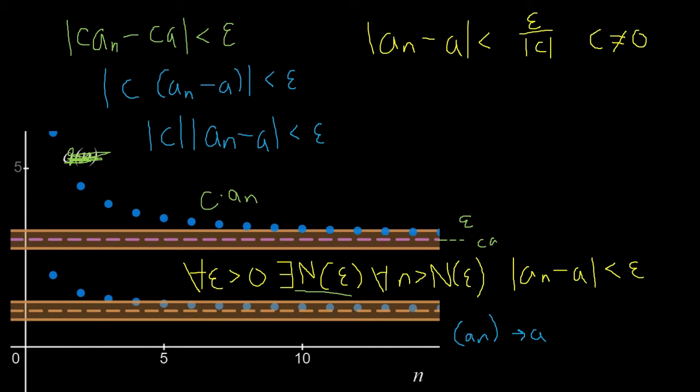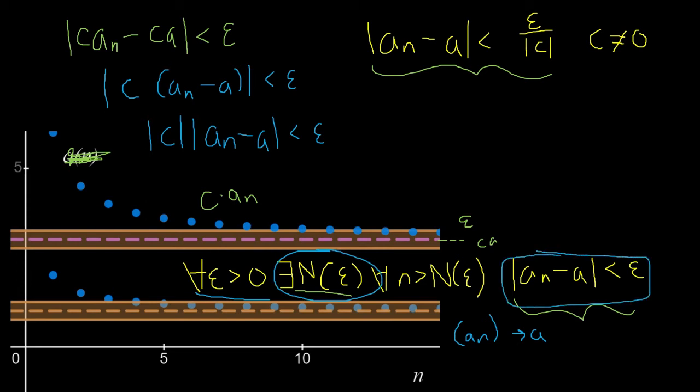This might seem familiar. You might be getting some deja vu from this. Why is that? Well, this comes back to our original sequence and its convergence. We know that, again, for all positive epsilon, we can find some natural number that will give us this inequality here.